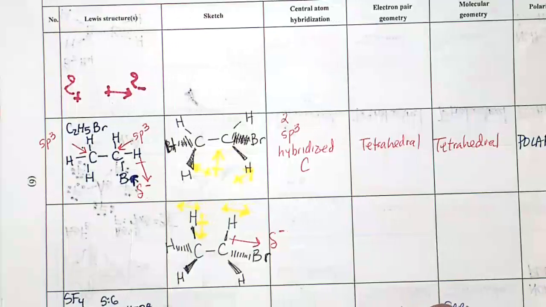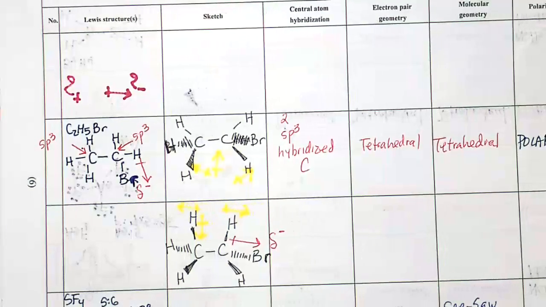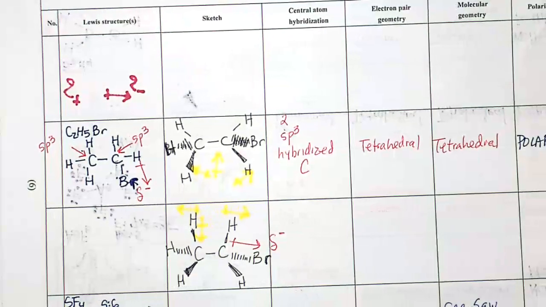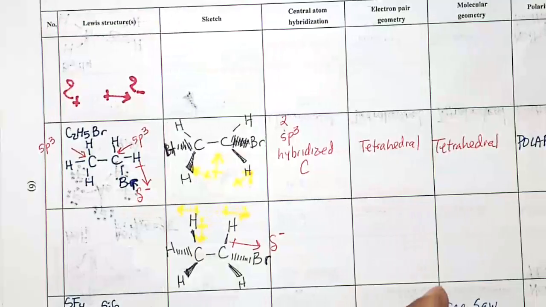I'll call it seesaw. All right, so we're going to take something that has 5, and then one of them will be a lone pair. They don't have it, so I'll make it. 5, and one of them will be the lone pair.